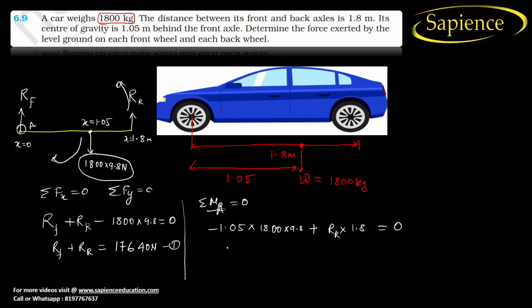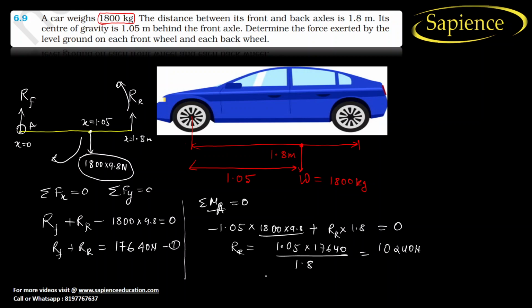Now from this we will get Rr as equal to 1.05 into 17640 divided by 1.8. So the reaction at the rear wheel is equal to 10290 Newton.